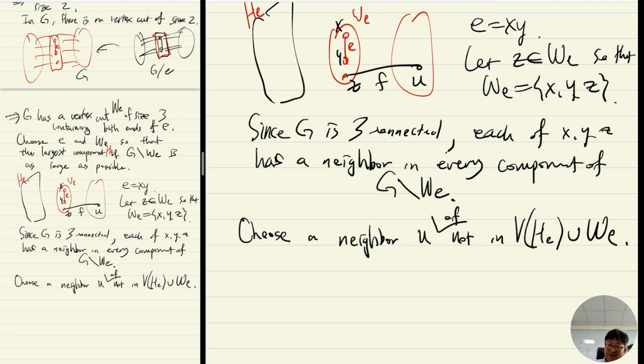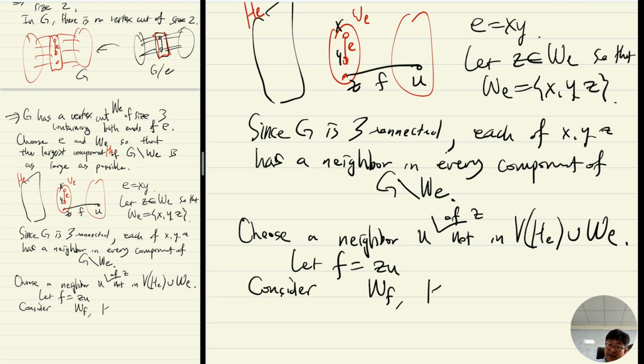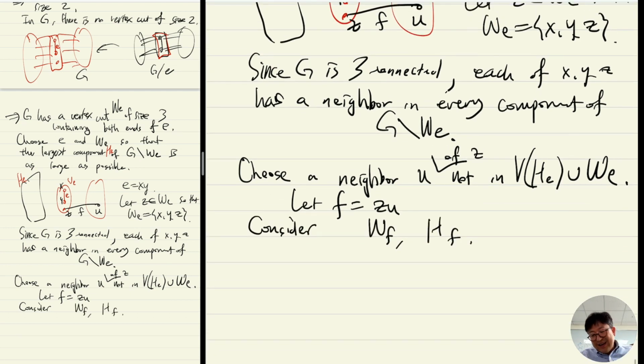Let F be GU, this edge. And now we consider WF and HF.